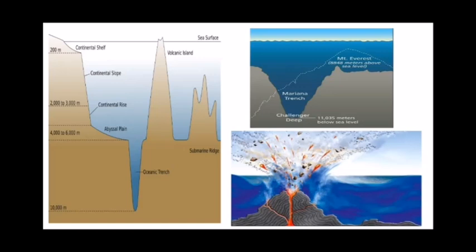There are many volcanoes found in these mid-oceanic submerged hills and also the marine trenches. So in the world, most of these active volcanoes that are under the water are found here.